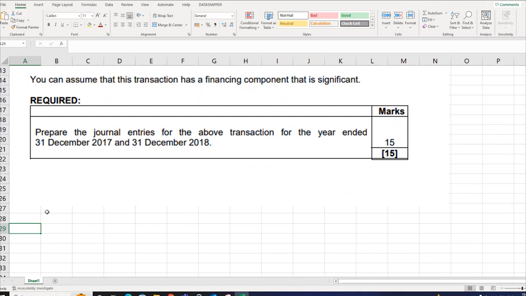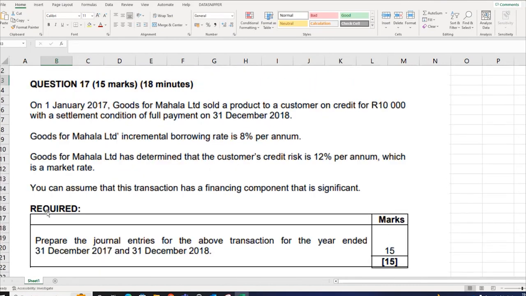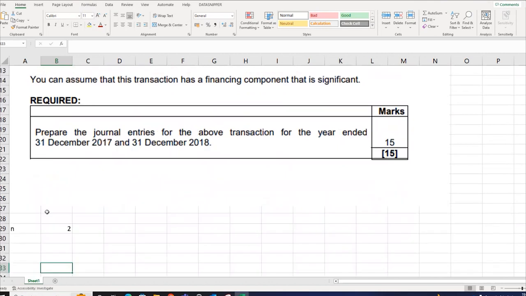Okay. So we know that the period is 2 years. You're going to get the payment in 2 years' time, like it says in the question, the 10,000. Then the future value will be 10,000 Rand.